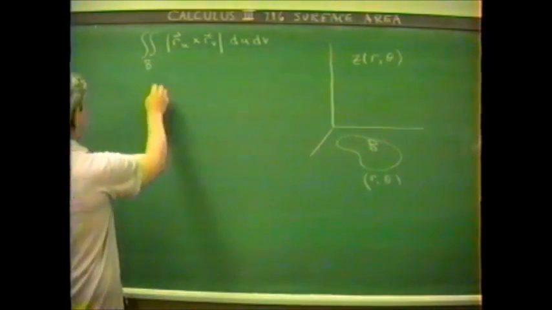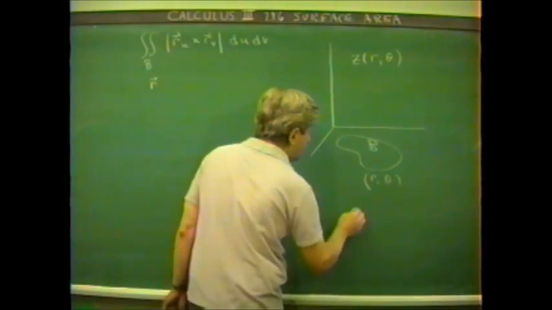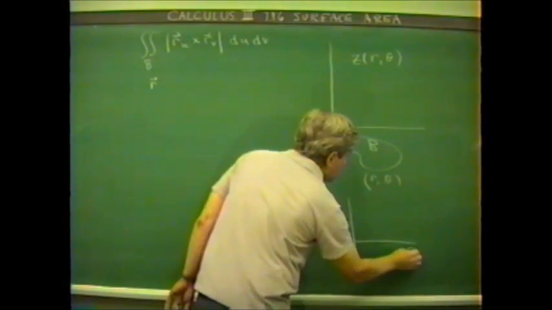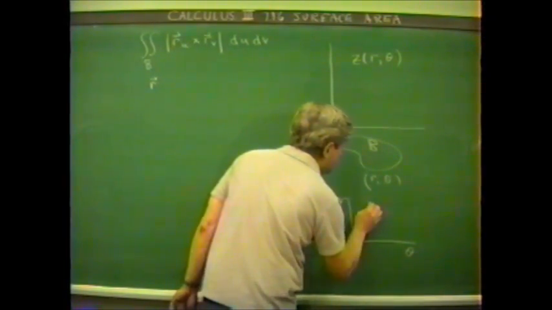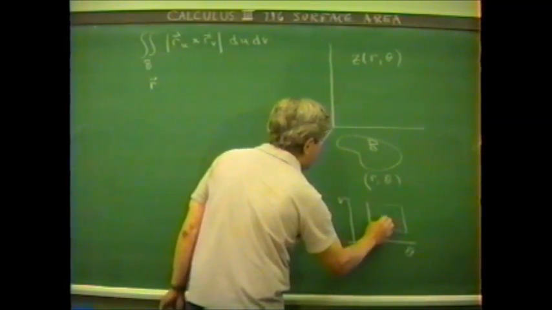Now, here what we have is the following. You can think of this as going from a theta-r plane, with various values of theta and r.